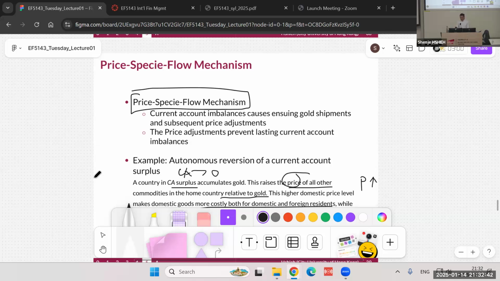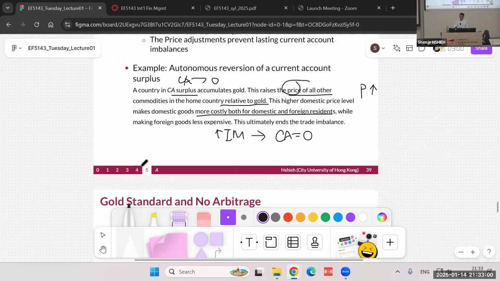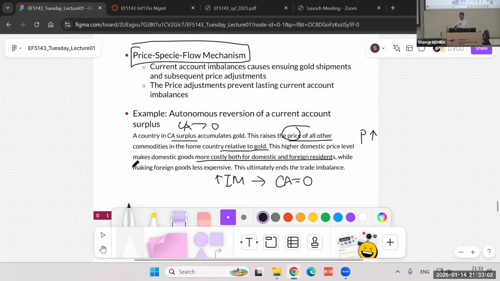And the answer is yes, if and only if central banks are willing to maintain convertibility of domestic currency for gold in unlimited quantities, right? Every country can do this. Suppose every country can do this. You can prove it sustainable economically, right? When I say sustainable, I mean that every country gets to clear their current account balance, CA equals 0 or whatever, okay? Let's just say it's 0.